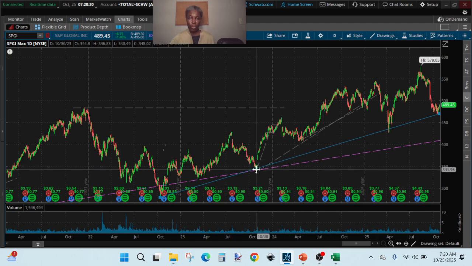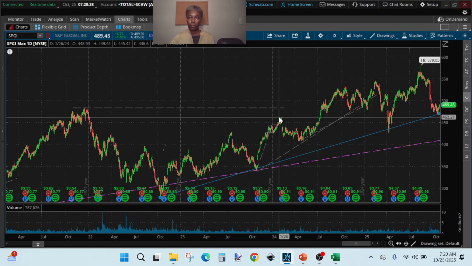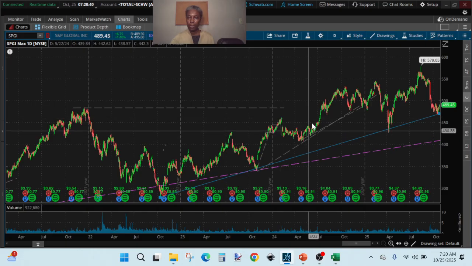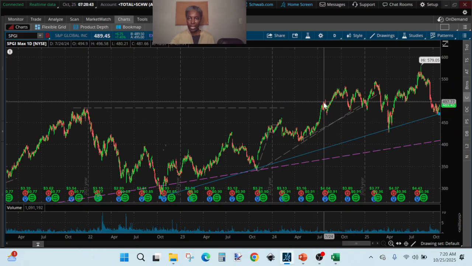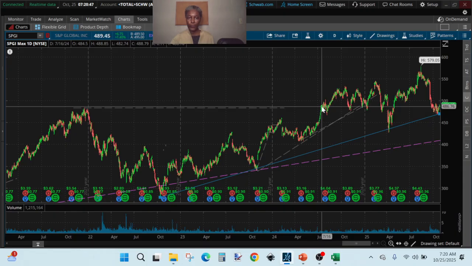when it started with this support line, it left there, it went up, pulled back, and reached the highest peak somewhere here.